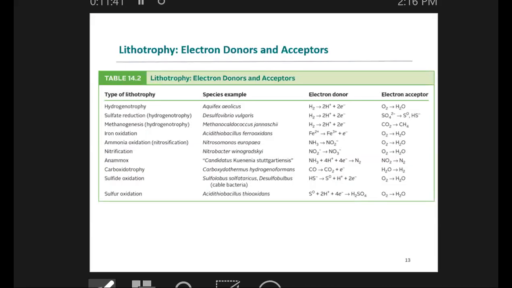So here's a table showing the different options, and this is not a complete table. You can see electron donors in that second to last column, right? They're looking at who's donating electrons. You can see like the first 3 rows, it's hydrogen gas, then iron, then ammonia.